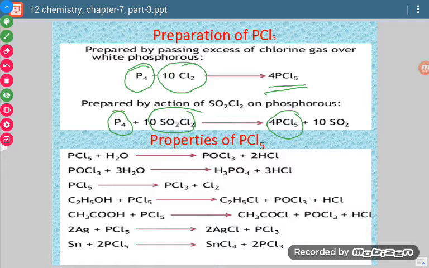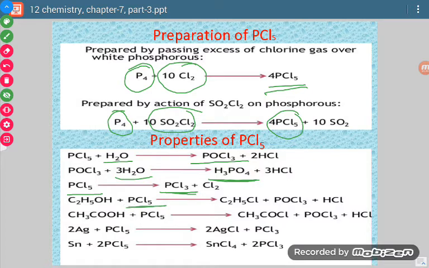Rest reactions are same for the preparations of halides. Now when PCl5 reacts with water, it forms phosphorus oxychloride, and when this phosphorus oxychloride reacts with water, it forms phosphoric acid. Now when we heat PCl5, it may produce PCl3 again.